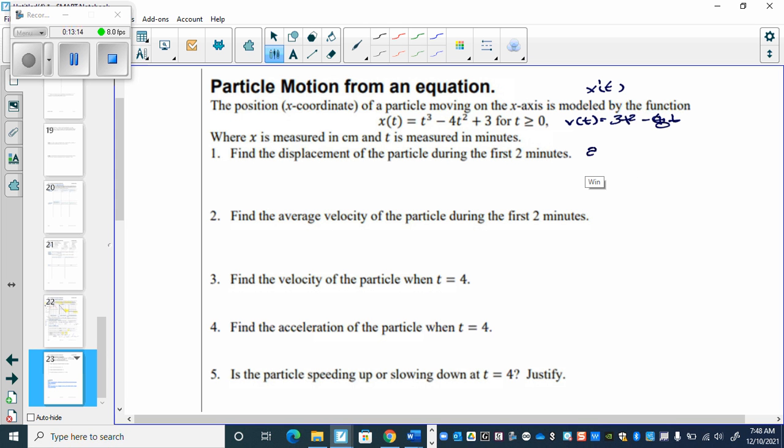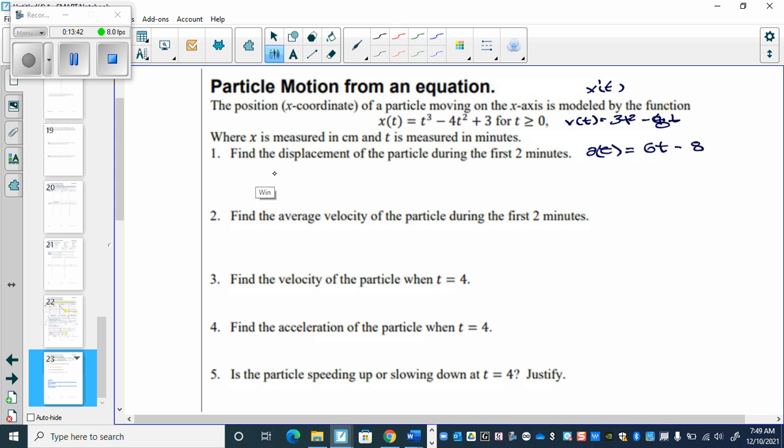Okay, the acceleration function is the derivative of the velocity there. So it's 9t, 6t. I don't know why I keep doing that. I keep seeing the squared and mess it up there. That's kind of embarrassing. So let's try that again. 6t minus 8 is my acceleration function.